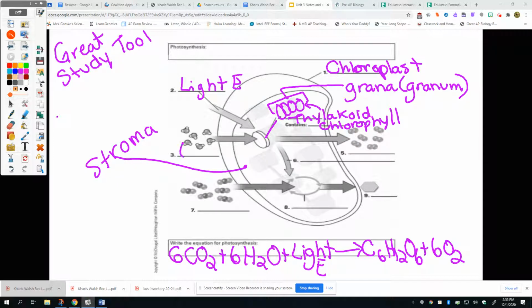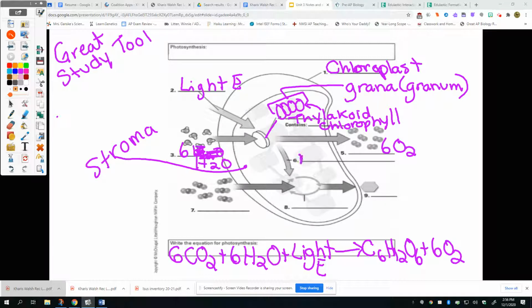and we need 6 water molecules. And we know these are water molecules. You can see the Mickey Mouse shape, and there are 6 of them. That does say water, H2O. And notice the arrows are going into the chloroplast. That tells us that they are our reactants, and the reactants are entering into the reaction, and they go into the thylakoid, and through the process of the light-dependent reaction, we will produce 6 O2 molecules.